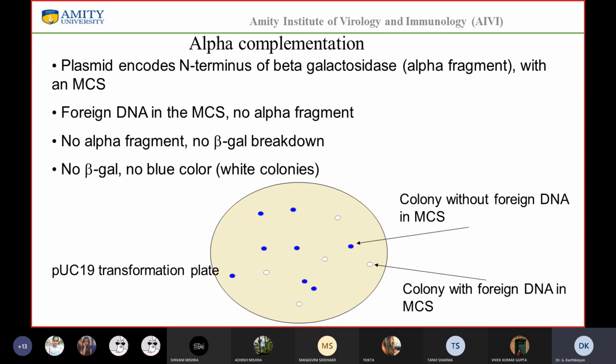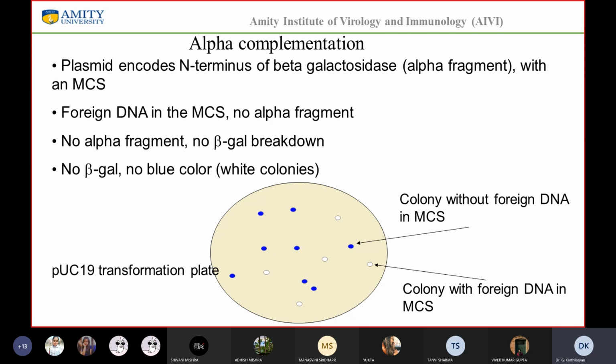You take the vector and your genomic DNA in a certain ratio so that the reaction is more favorable towards your vector and your insert recombination than your vector religating back. Okay, so there are a few ways by which we can do that.